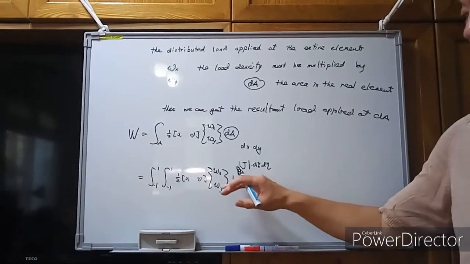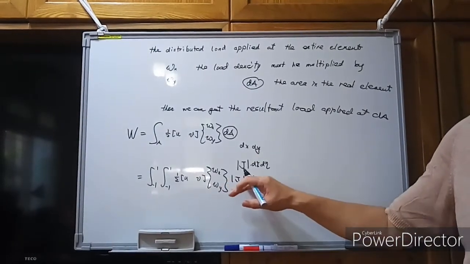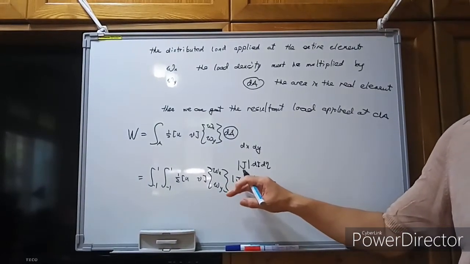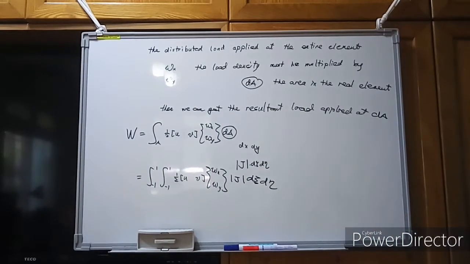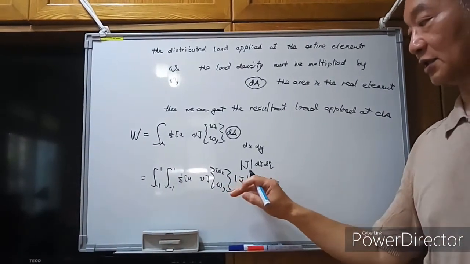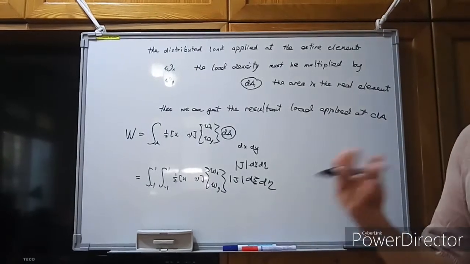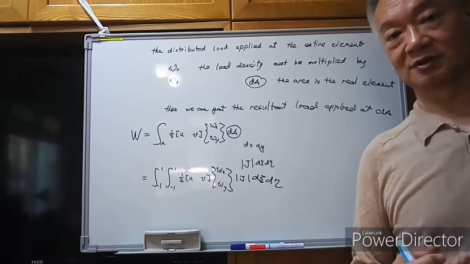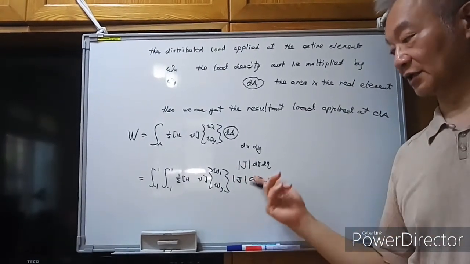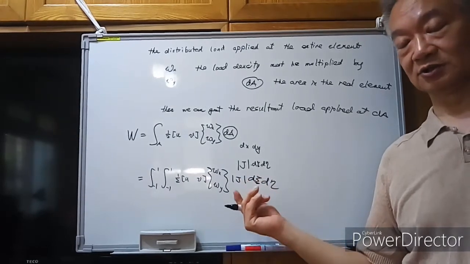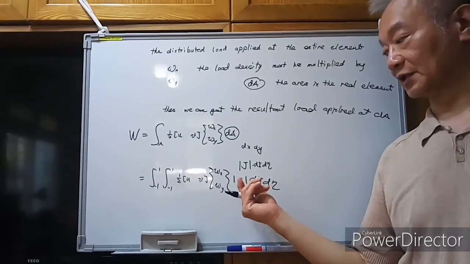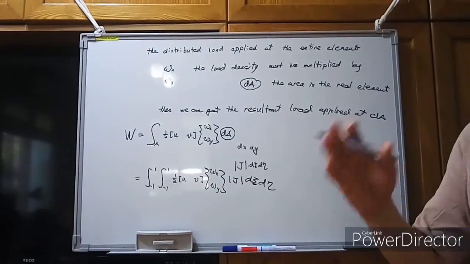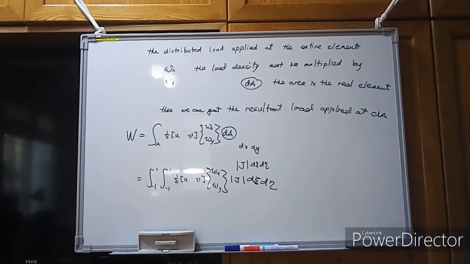So for different locations inside the element, the Jacobian could be different, and the Jacobian can be calculated as a real number, since we know all the xi and yi, and also all the shape functions, and we can calculate the partial derivatives of the shape functions. Then we can calculate all elements in the Jacobi matrix. After that, we can calculate the determinant of this matrix. Then we can get the Jacobian.